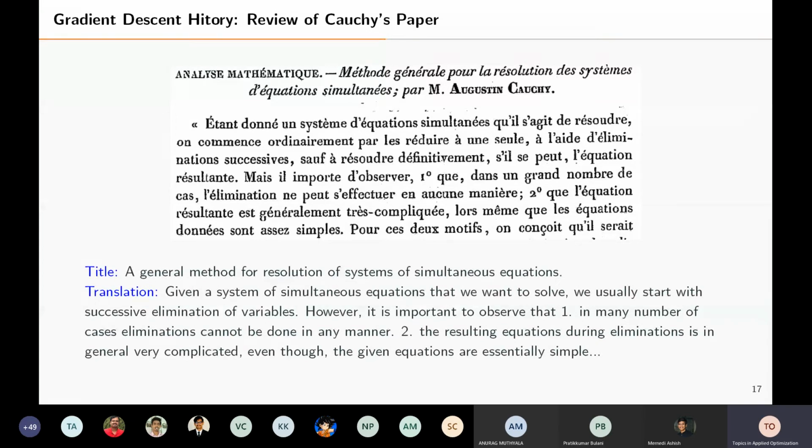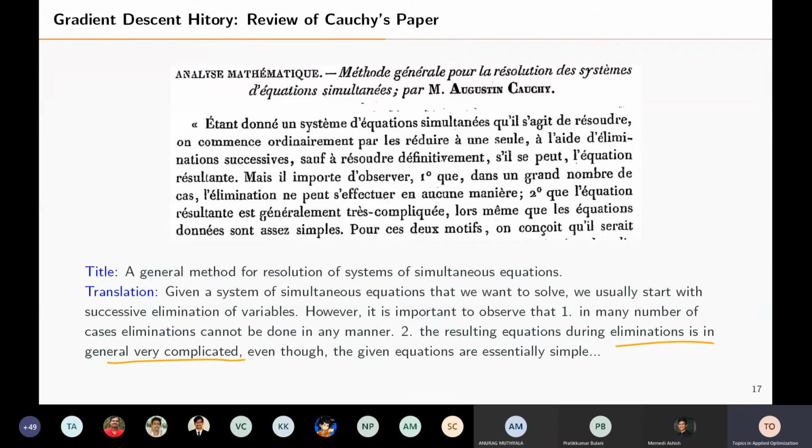So it's worth looking into the original author and how they came up with this. The goal of the original author was to solve a simultaneous set of equations, which could be nonlinear. He's saying that explicitly you cannot compute it, because by doing explicit eliminations you may get complicated expressions which you cannot solve.